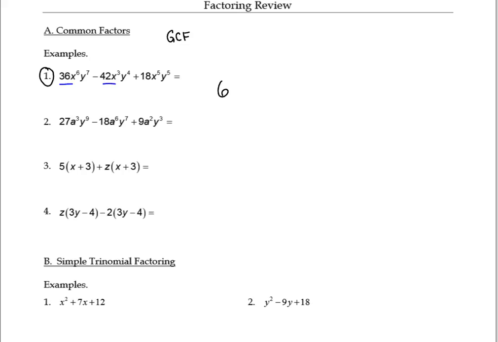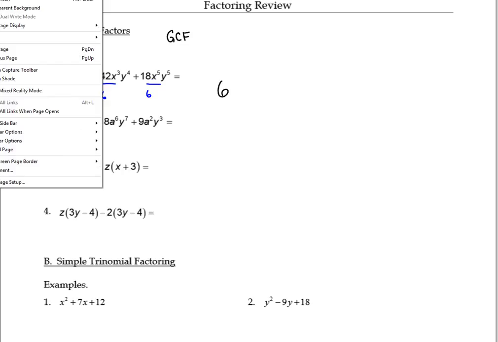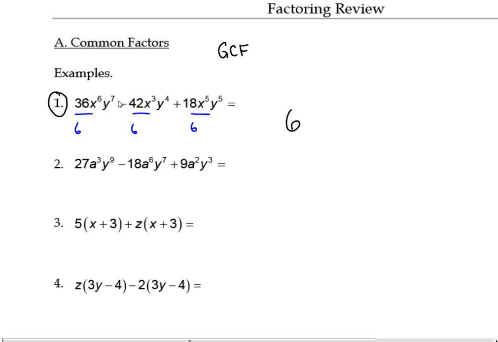What else? When you're pulling out a common factor for variables, if I have an x to the 6th, and x cubed and x to the 5th, what can I divide all of those by? We have a power of 6, power of 3, and power of 5. The only one that you could actually pull out that's in common with all three is how many x's?